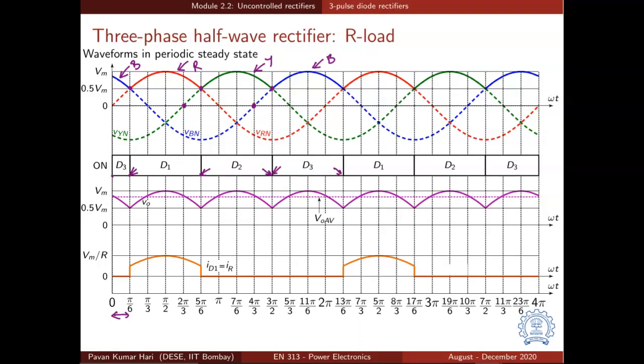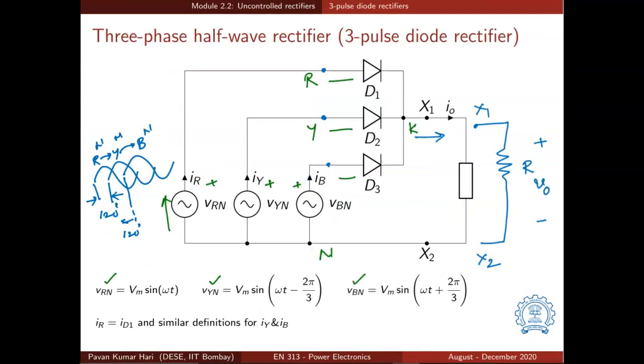And obviously when D1 is on, output voltage is equal to VRN. When D2 is on, VO is equal to VYN. What is the procedure? We just apply KVL when a particular state of the circuit is known. We know that the state is D1 on and D2, D3 off.